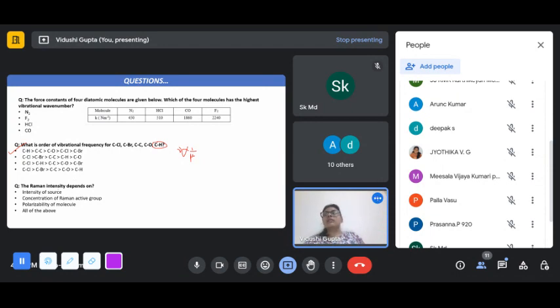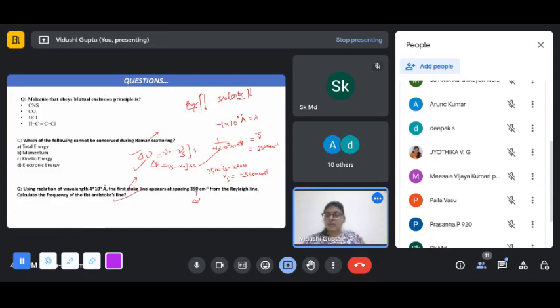Then we discussed the factors the Raman intensity will depend on. It will depend on the intensity of the source, the polarizability of the molecule, and the concentration of the Raman active group. Then we discussed how to calculate the frequency of the anti-Stokes line. For that, you just have to remember two formulas for the Raman shift value of the Stokes line and the anti-Stokes line.